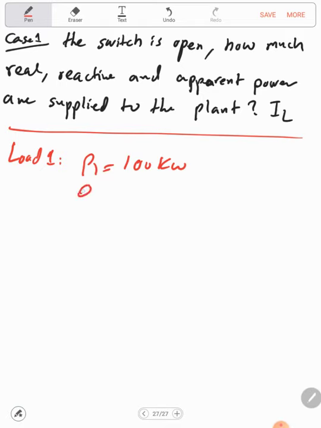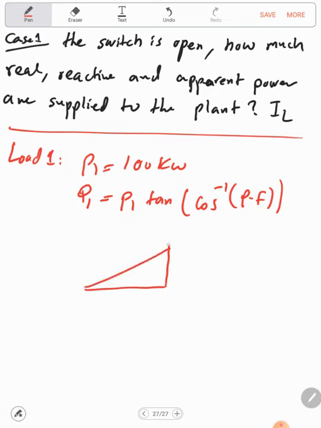So from here we can calculate Q1, which equals P1 tan of cosine inverse of the power factor. If you remember the power triangle, this is the P, this is the Q, and this is the S, and this is theta.